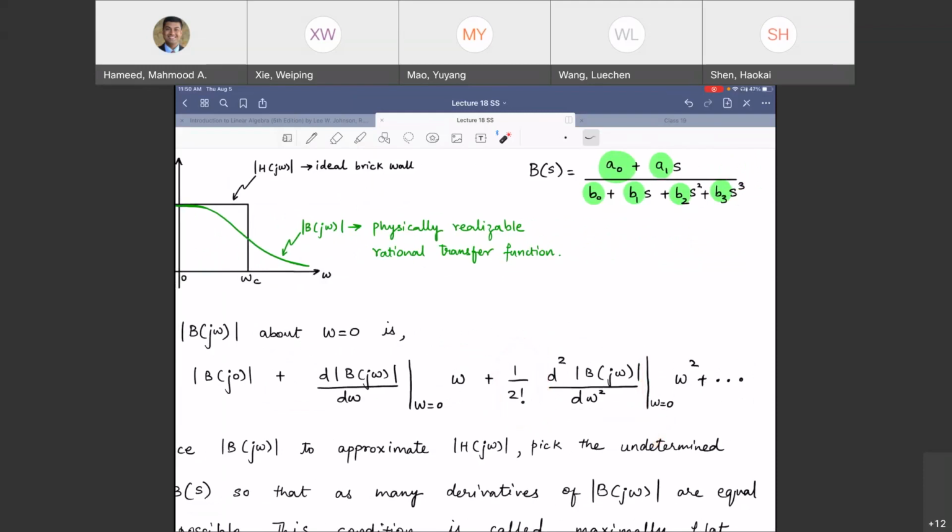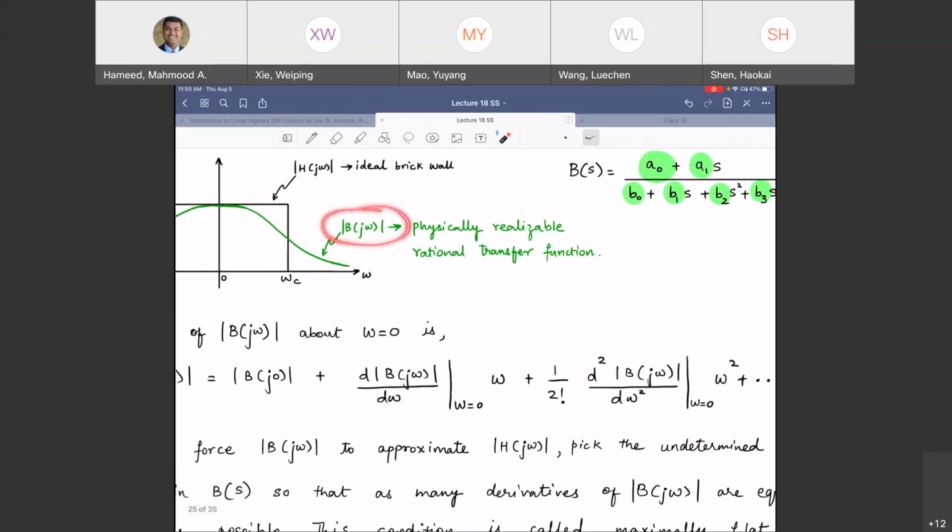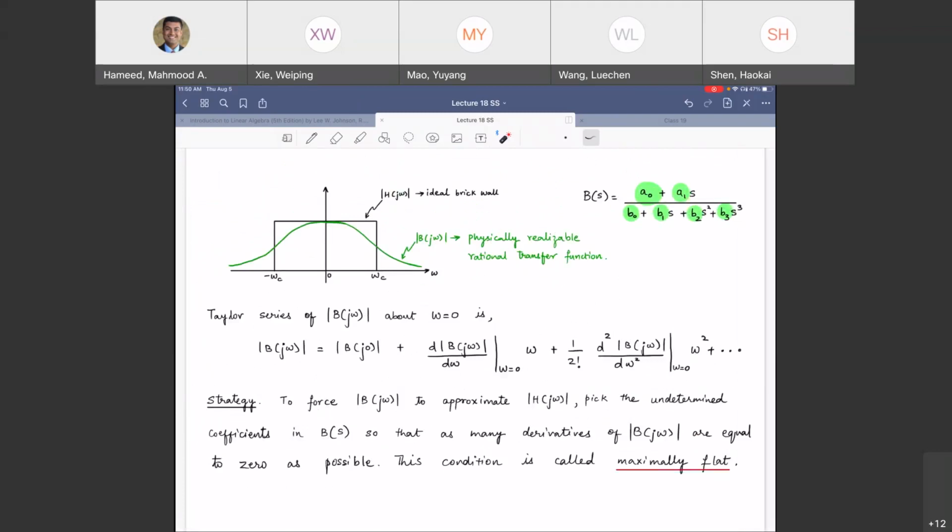This is simply applying the Taylor series approximation not to an arbitrary function like f of x, but to the physically realizable transfer function B of j omega. B of j omega represents the frequency response of your third order Butterworth filter in this case. Now, what is the strategy? The strategy is you want to force this frequency response to approximate the H of omega.